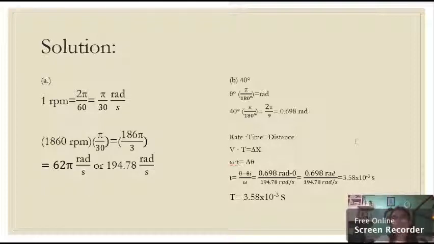So 0.698 rad minus 0 over our omega, which is 194.78 rad per second. So we got 3.58 times 10 raised to negative 3 seconds. So that's the time it takes to turn through 40 degrees, which is a little amount of time.